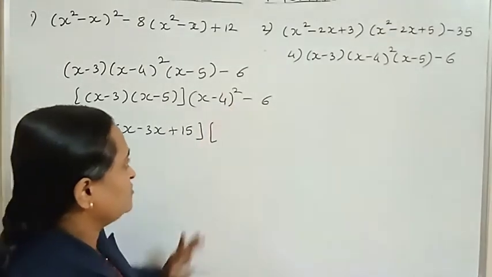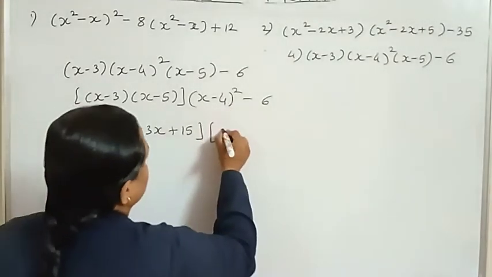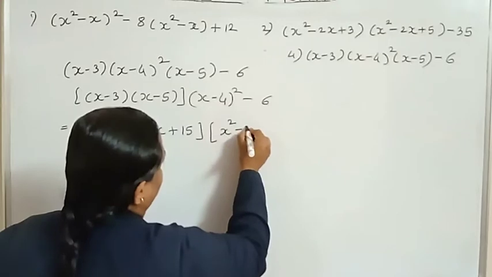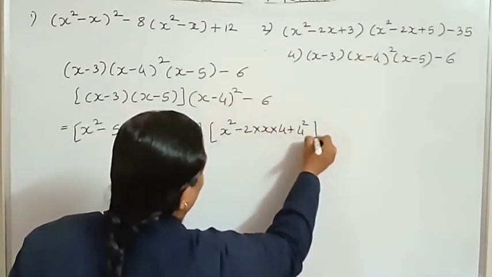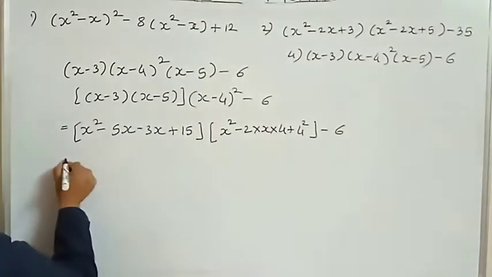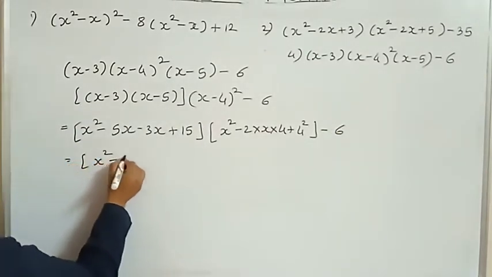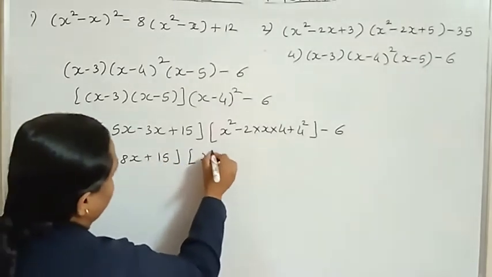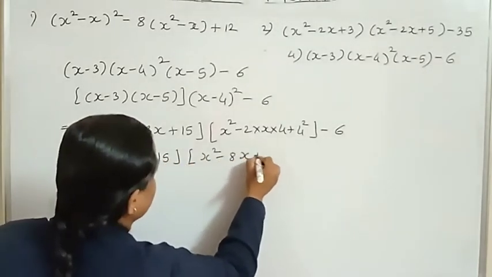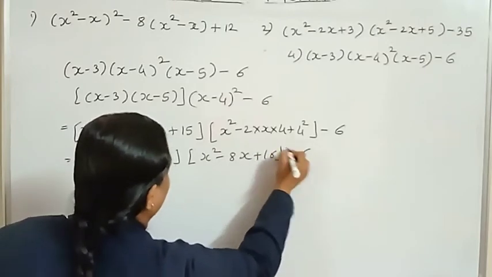That expansion formula we can use there. x square minus 2 into x into 4 plus 4 square minus 6. x square minus 8x plus 15. x square minus 8x plus 16 minus 6.